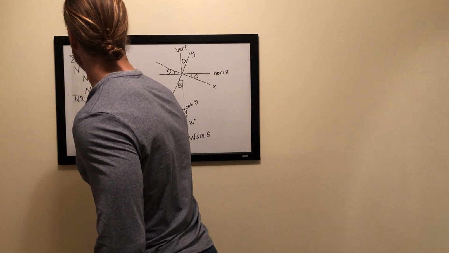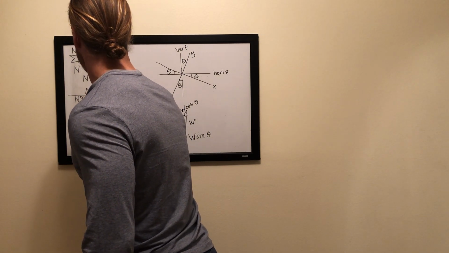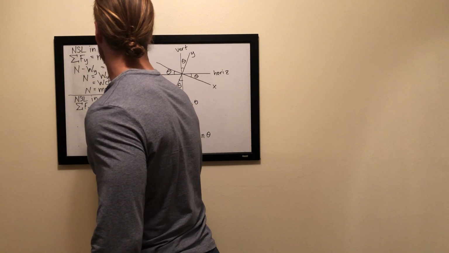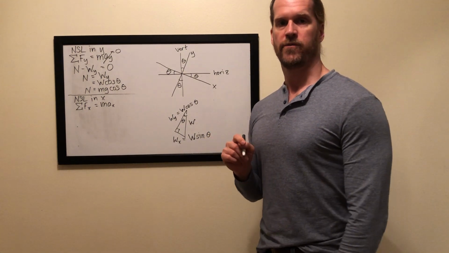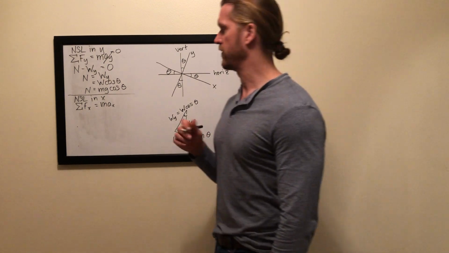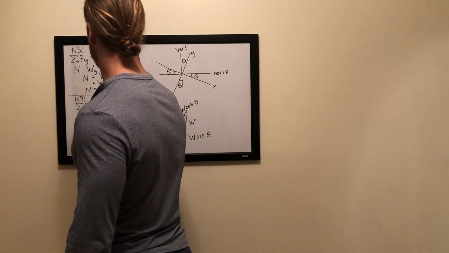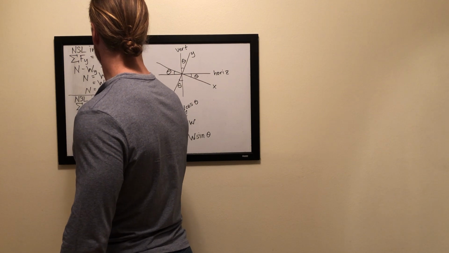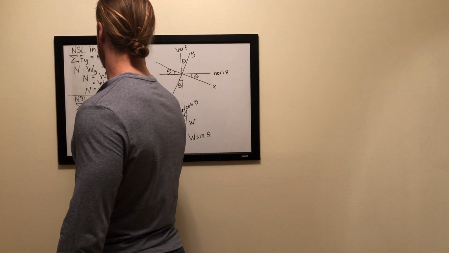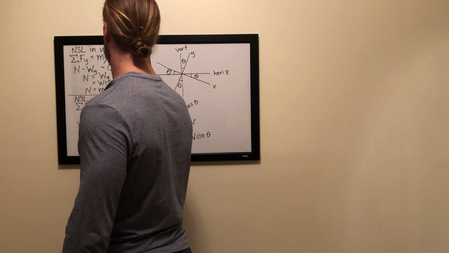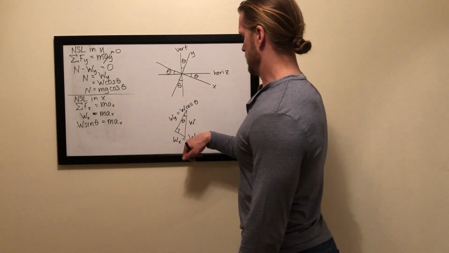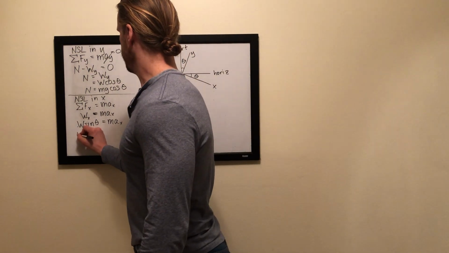In the x direction, sum of the forces equals ma, and there's only one force. It was the x component of gravity that lines up with the slope. So we've got Wx equals max, or W sine theta equals max, and W is mg.